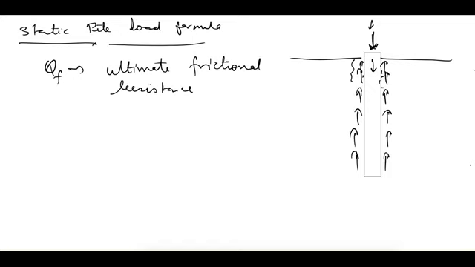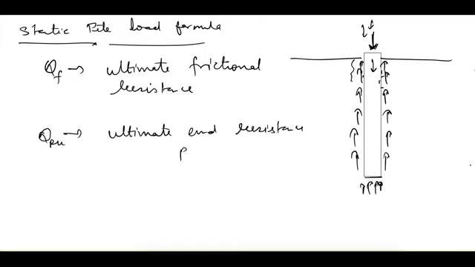But this is not the complete capacity. Now if we further increase the load, then some part of the load is transferred to the end resistance or the end area. If we keep on increasing the load, we will reach a point when this end resistance is also completely mobilized, and that is called the ultimate end resistance or ultimate point resistance.